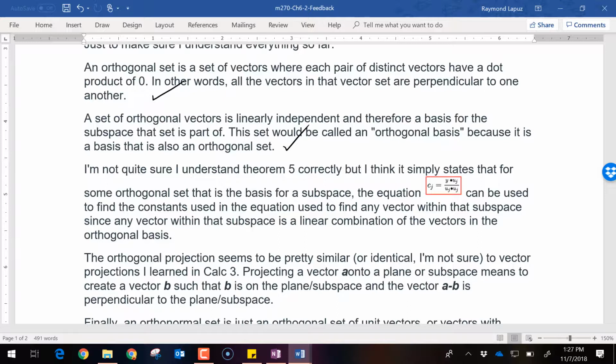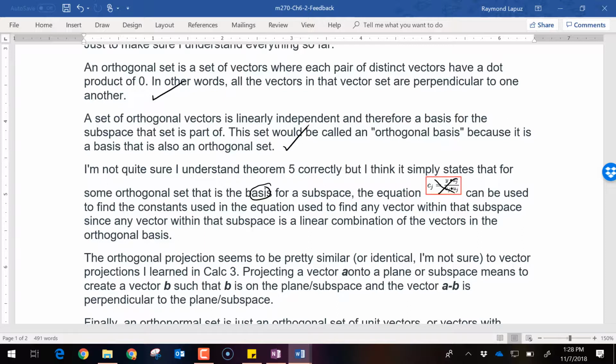That's true. I'm not quite sure I understand Theorem 5 correctly. It simply states that for some orthogonal set, the basis of the subspace is the equation. It can be used to find constants in the equation and find any vector in that subspace, since any vector within the subspace is a linear combination.